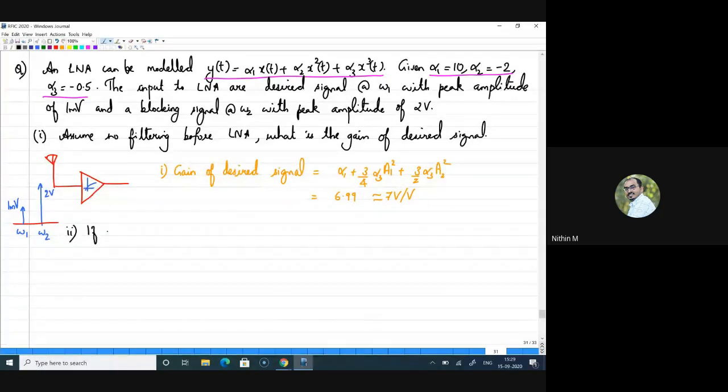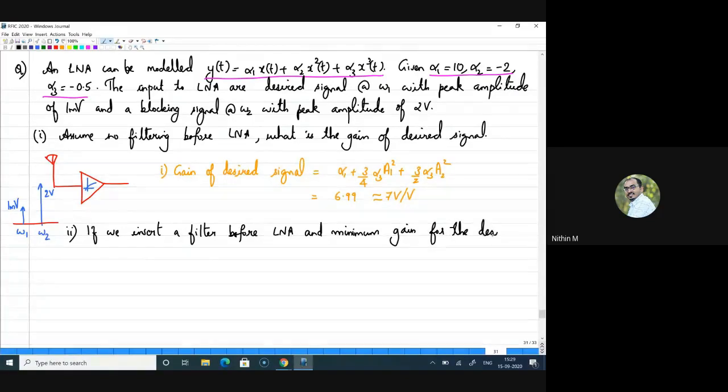Now the next part of the question is, if we are inserting a filter before this LNA, that is basically to filter out the interferer component, and the minimum gain for the desired signal is say 19.5 decibels.